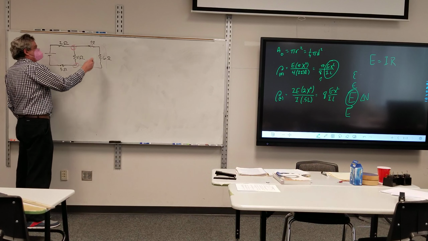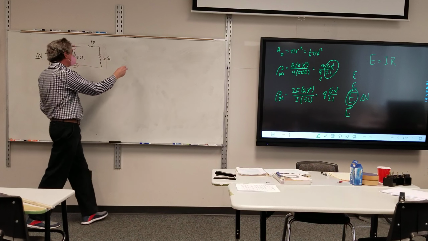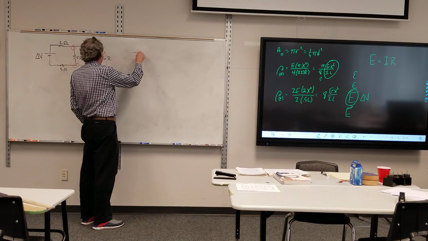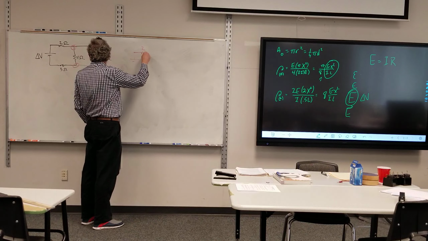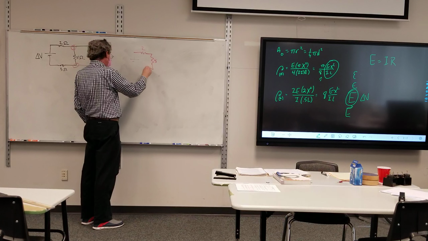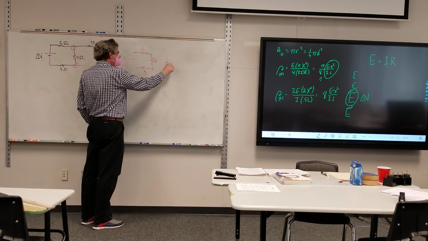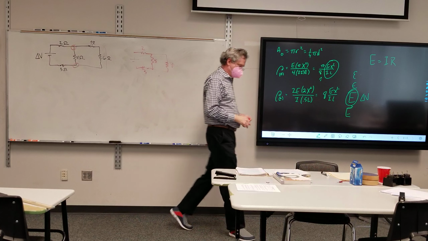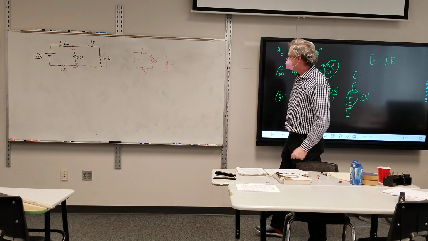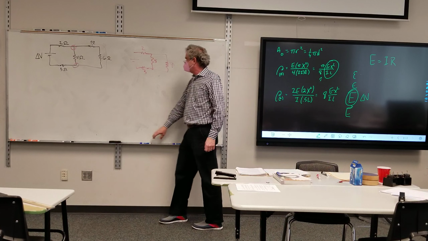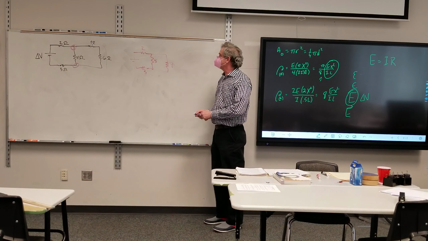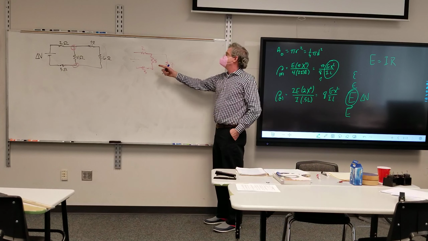So that is a 7 ohm resistor, so I've still got my 2 here, my 5 there, my 3 there, and now I've got 7 there. Now I got a parallel. These two are in parallel.